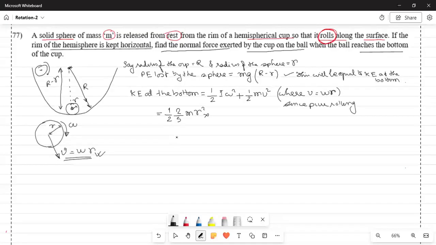Omega is equal to v by r, so omega square is v square by r square.